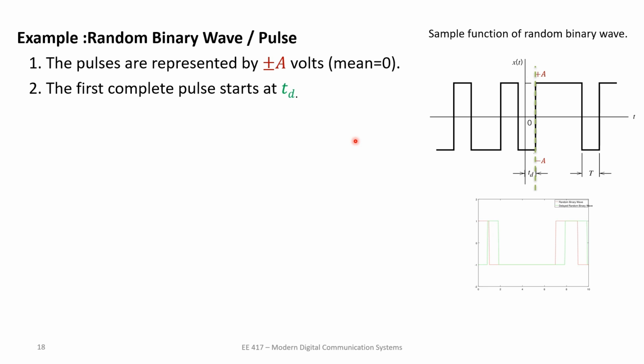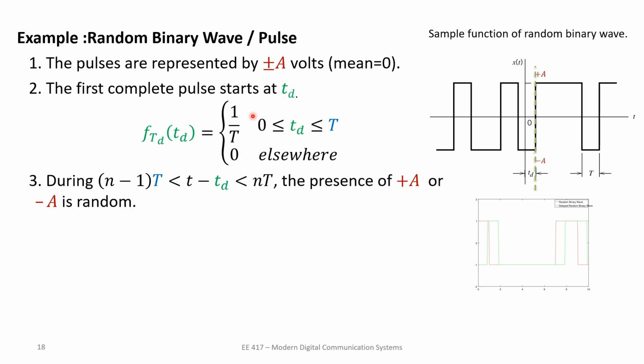In general, we don't know the starting point, so we have a delay Td. This delay could be anything within the bit duration, which is capital T. So we can say that the PDF for this Td is going to be 1 over T within capital T, and it's going to be 0 outside. This will guarantee that the area equals 1.